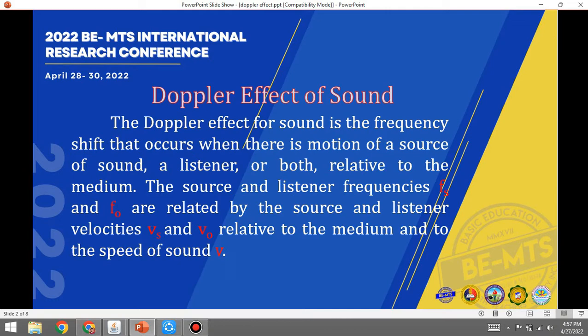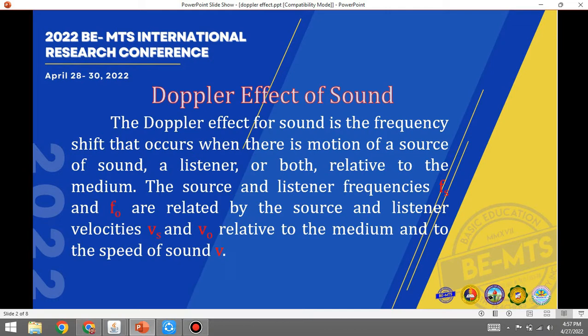The source and the listener frequencies: f of s is the frequency of the sound wave from the source when both the source and the listener are at rest, and f of o is the observed frequency when there is Doppler effect. They are related by the source and the listener velocities: v of s is the velocity of the source, v of o is the velocity of the observer relative to the medium, and the speed of sound wave is v.